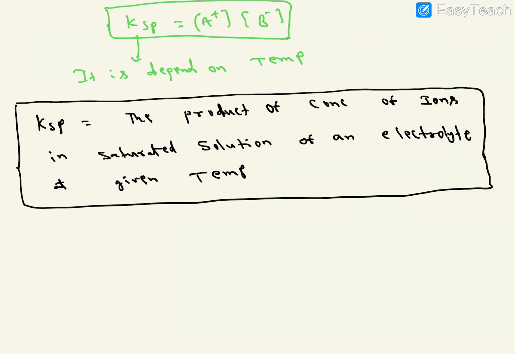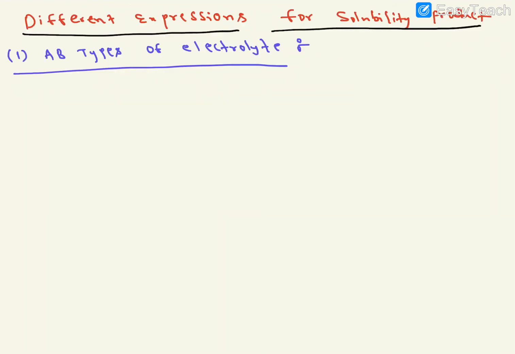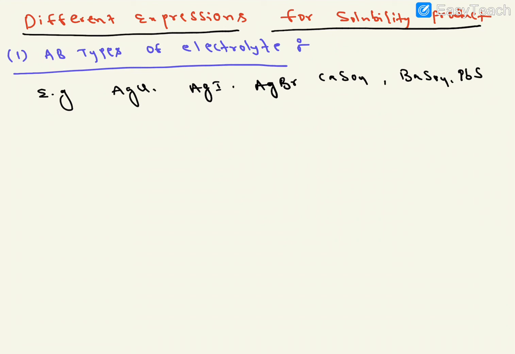Let me explain the different expressions for the solubility of different electrolytes. First type of electrolyte I am taking is the AB type of electrolyte. Examples of AB type sparingly soluble salts are AgCl, AgI and AgBr, calcium sulfate, barium sulfate, and PbS, lead sulfide.